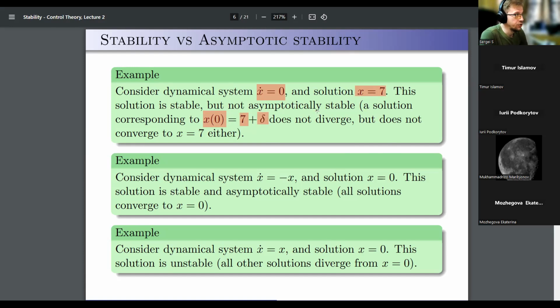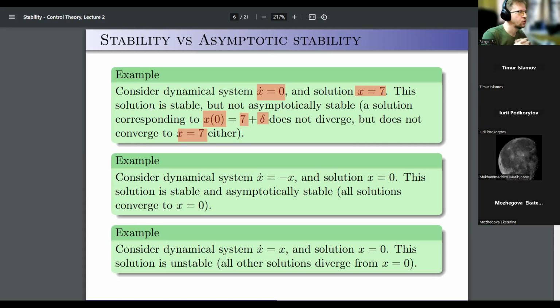It does not diverge from x equal to 7, but does not converge to it either. It will just stay equal to 7 plus delta. So that is also a solution. It is stable, just not asymptotically stable.